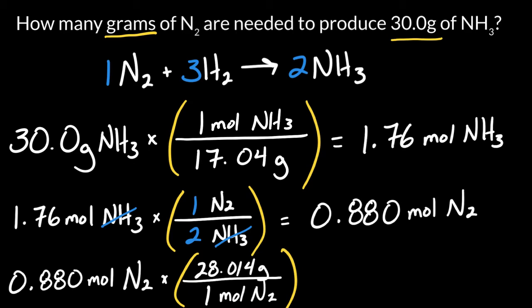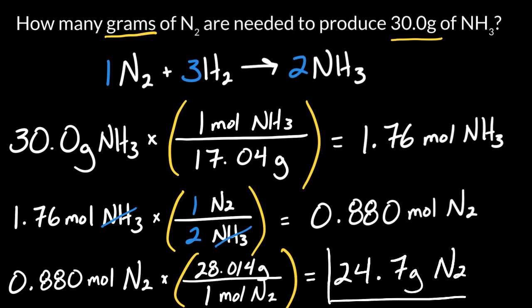So there's my conversion from moles to grams. And again, we're going to ask the calculator to help us out here. So 0.880 times 28.014 gives us 24.7 grams of N2. As always, I'm rounding my answer to the appropriate number of significant figures, and I'm including units as well.